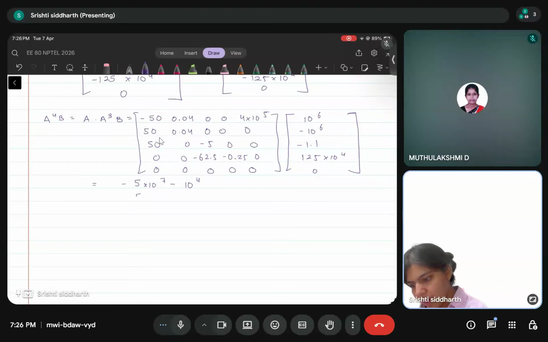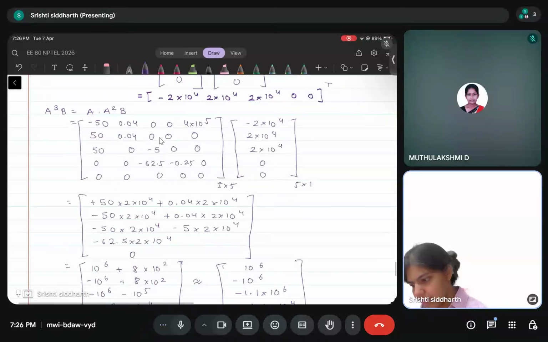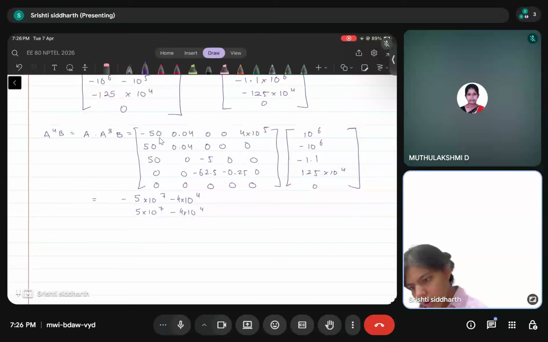Then we have 5 into 10 to the power 7 minus 10, sorry, this is 4 into 10 to the power 4. Then we have 5 into 10 to the power 7 and plus 5.5.